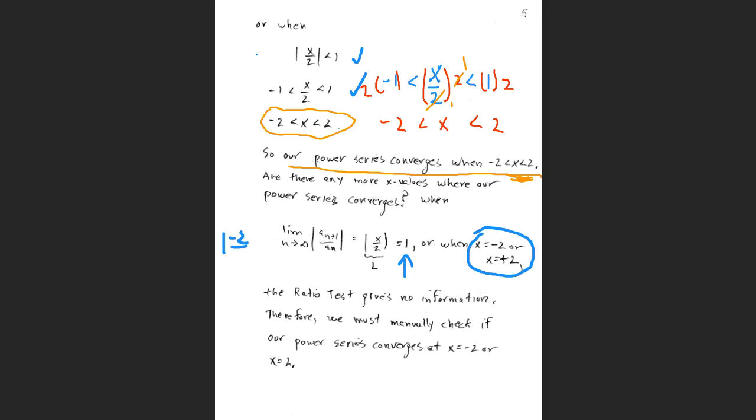So if we put in -2 for x, the absolute value of -2 over 2 is the absolute value of -1, which is 1. But the ratio test gives no information when we get a ratio of 1. So we can't use the ratio test to determine if the power series converges at the endpoints -2 or 2.